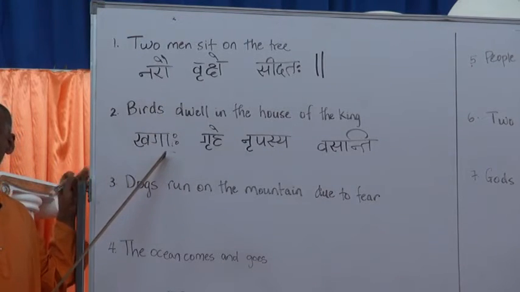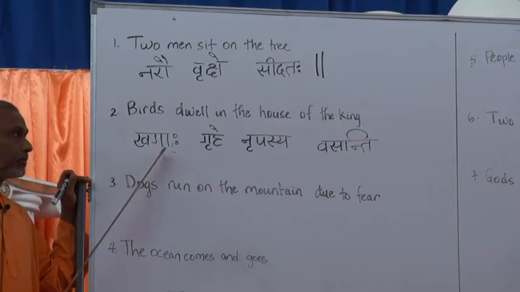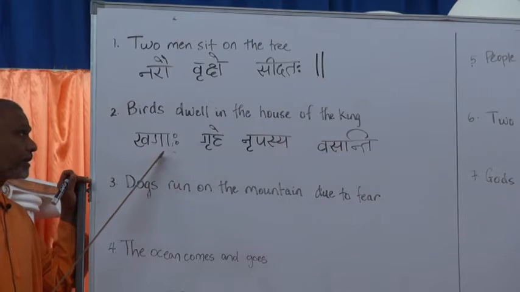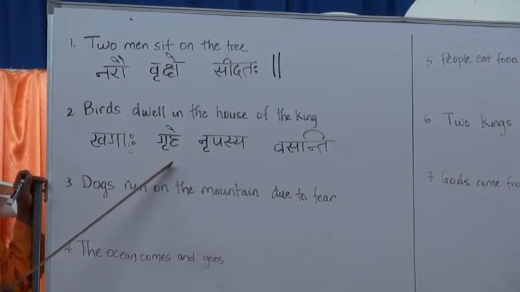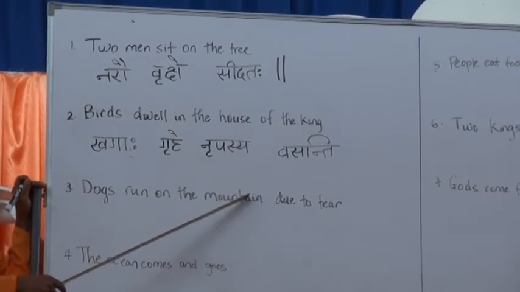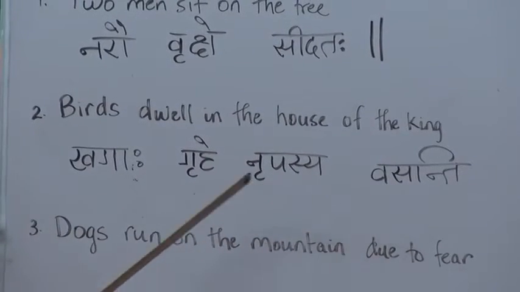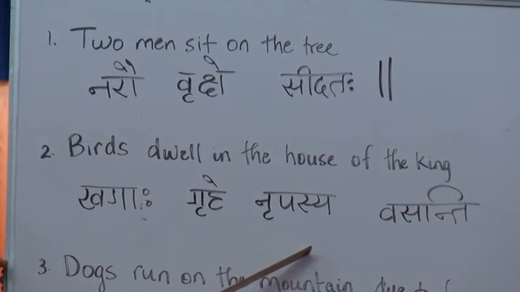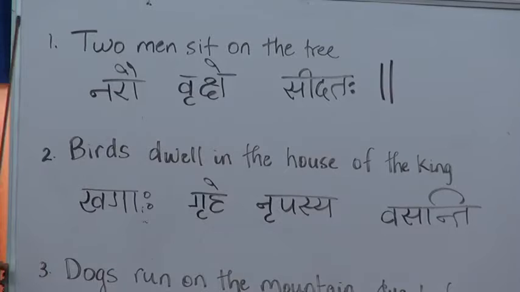If you see this Sanskrit sentence somewhere, we are translating: birds dwell in the king's house, in the house of the king. This is how we are translating, right? Birds dwell in the house of the king. Because this is of, belonging to the king.